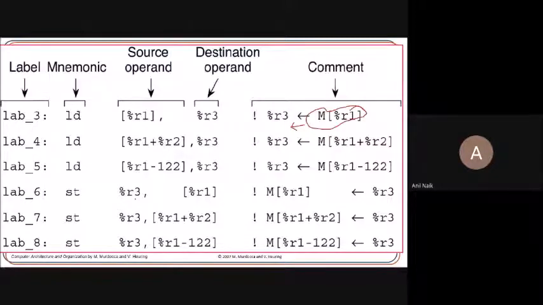Store is the opposite: it stores the content from the R3 register to the memory location specified by the R1 register. Here registers are involved. If the 13th bit is 0, both source registers and the destination register are used. If the 13th bit is 1, it is one register and another is a constant value.